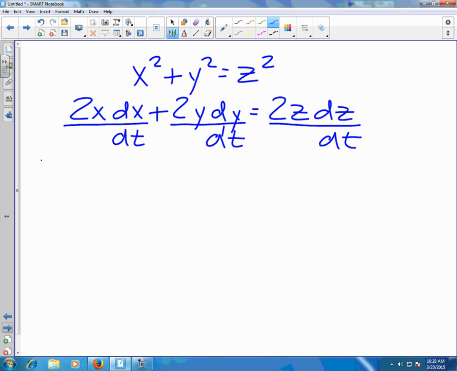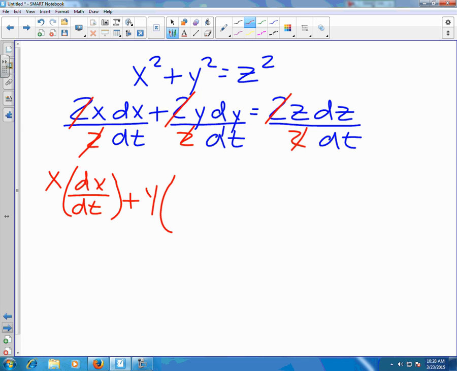Notice one other thing we could do here: they've all got 2's in them, so we can divide everything by 2 and get rid of those. That'll save us a little trouble. And so we get x times dx over dt plus y times dy over dt is equal to z times dz over dt.